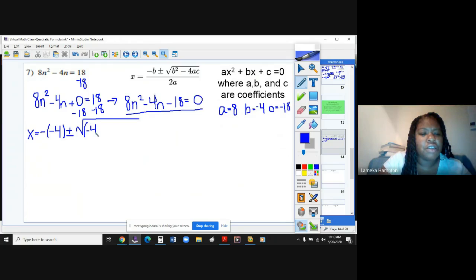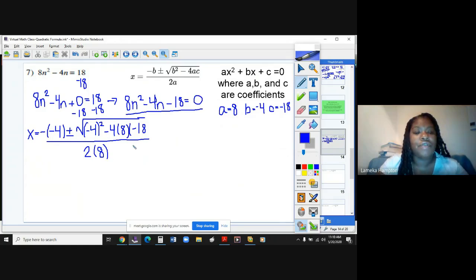And that's going to be plus or minus the square root of -4 squared minus 4 times 8 times -18. And all of that, and yes, I said all of that, is going to be over 2 times 8.